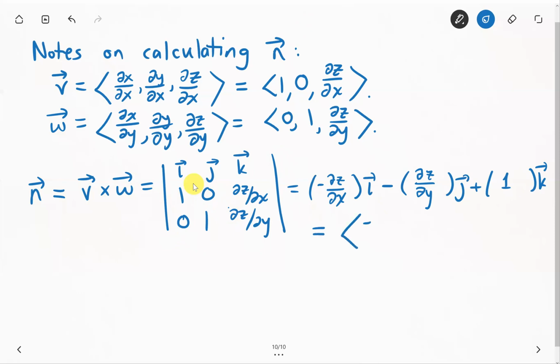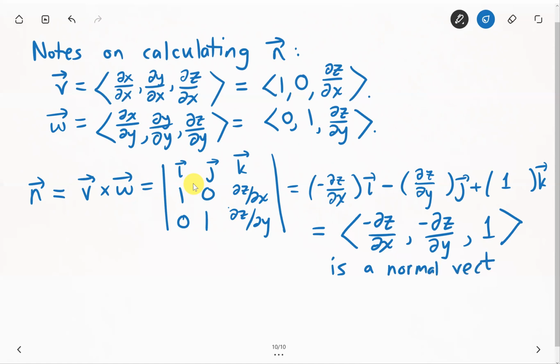Right, there are lots of normal vectors to the surface, but this is a normal vector. And geometrically, if this vector is perpendicular to our surface, then any multiple of this vector is also perpendicular to the surface.